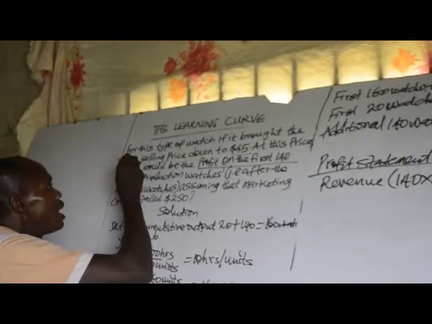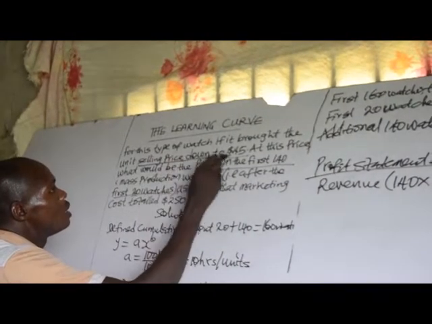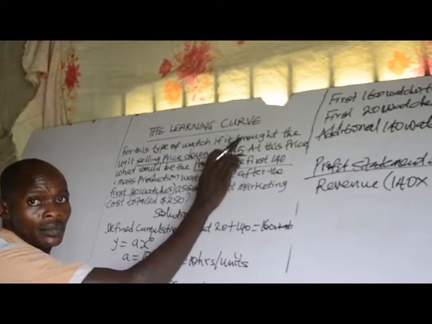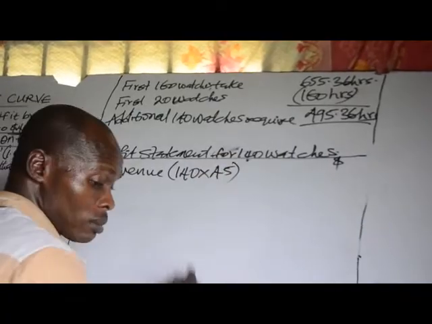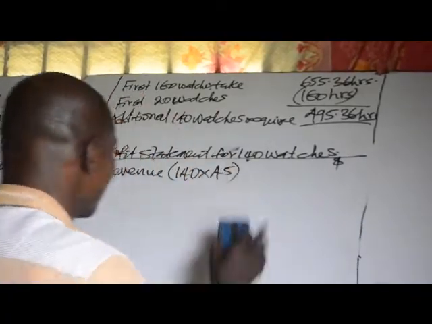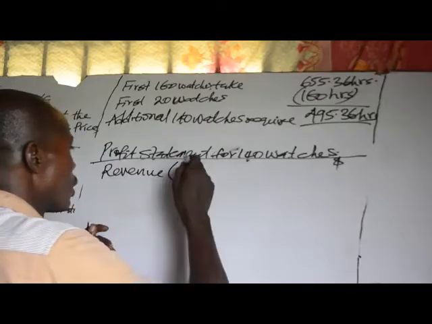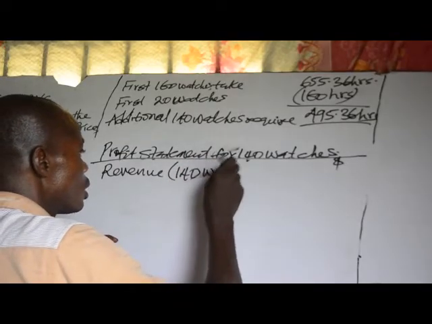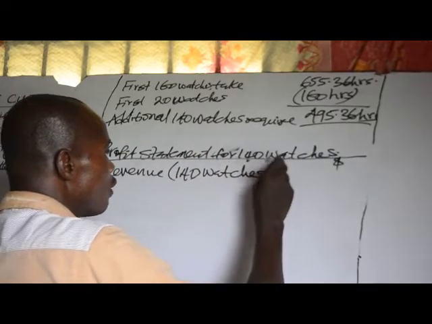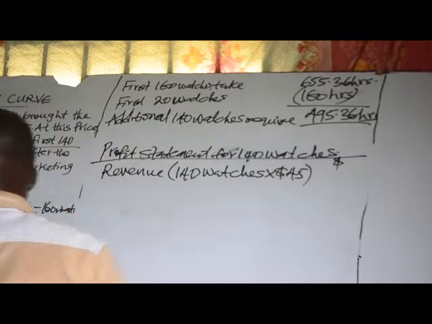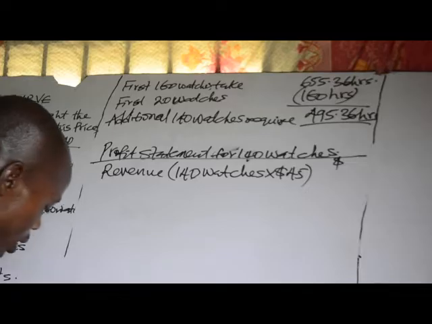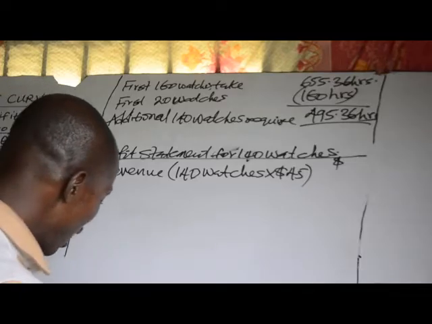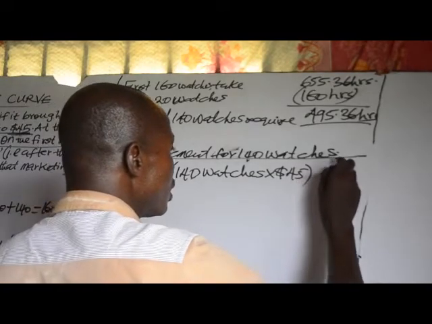And we were told that the selling price is given to be $45. So we have 140 watches times $45 per watch. And that will give us 140 times 45, we have 6,300.